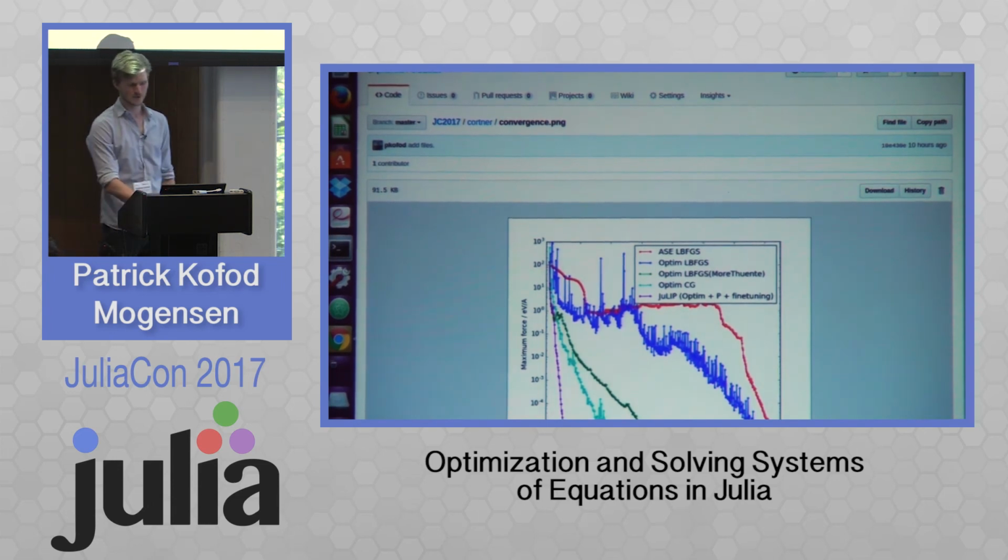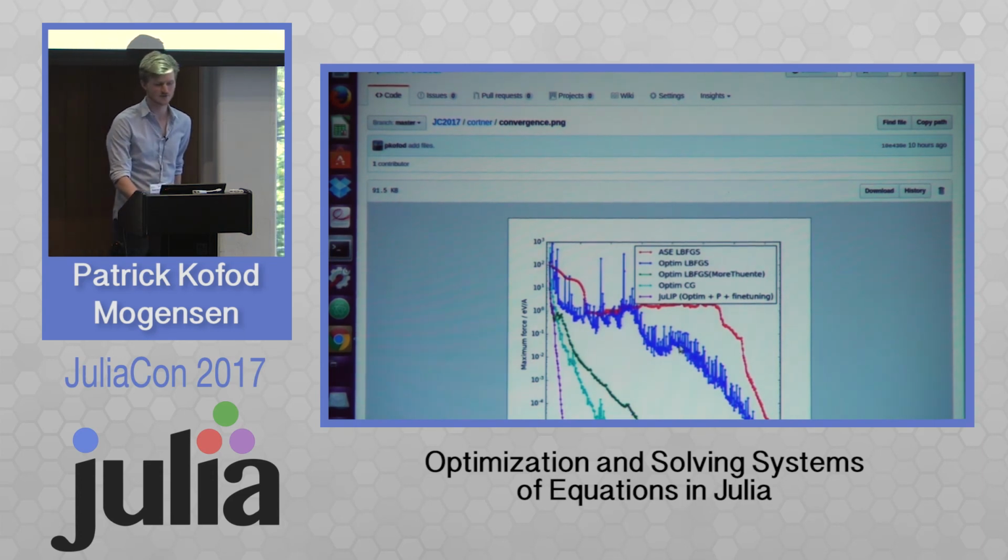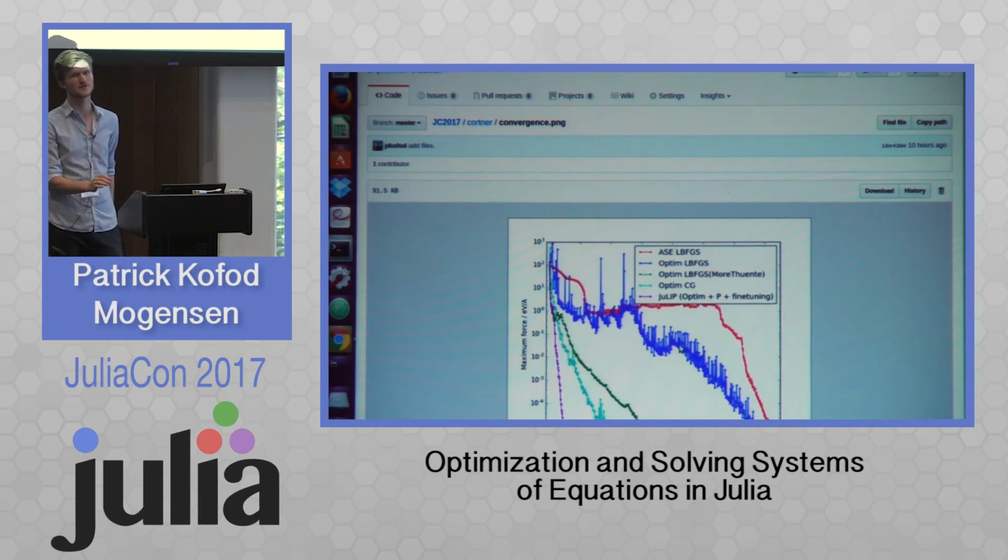But the main point here is that the important thing about solving this problem fast is minimizing the number of force evaluations. And minimizing the number of force evaluations has nothing to do with how fast you're solving for the search direction and stuff like that. This takes a lot of time, and a lot of energy is spent on doing this.